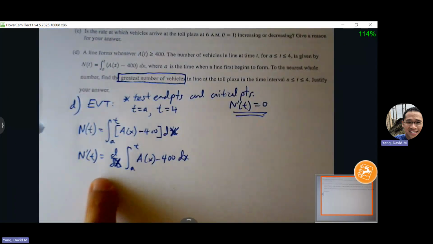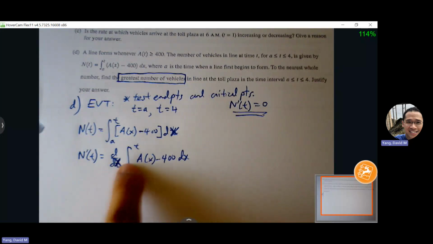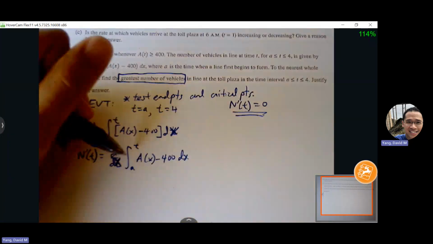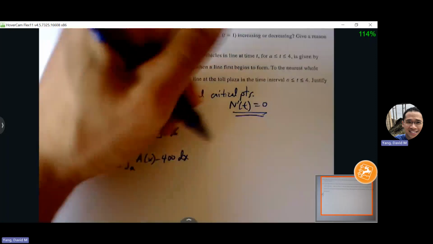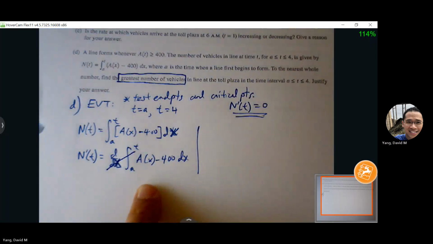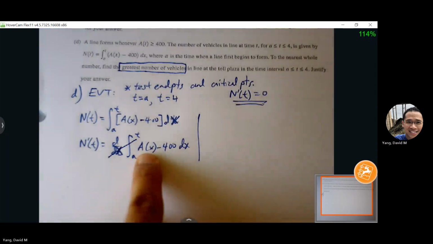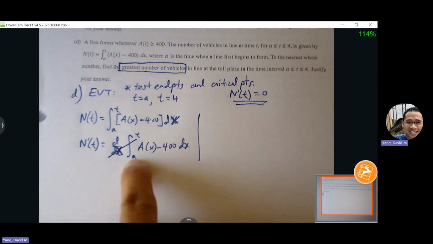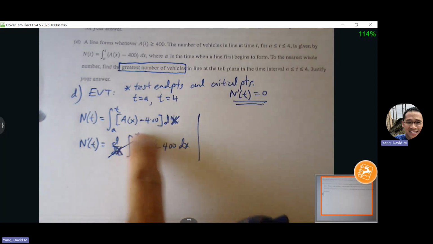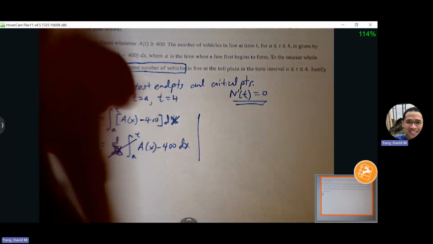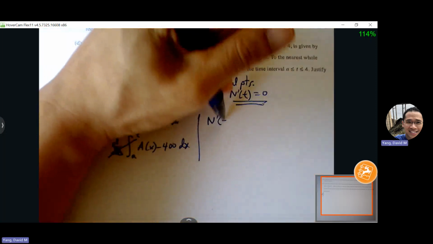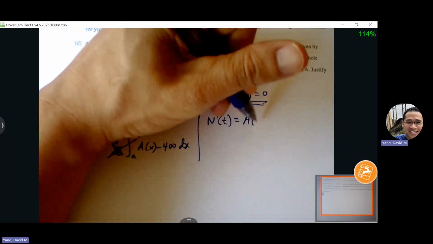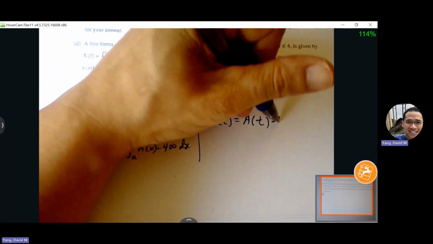Okay, so we know that if I find the derivative of a definite integral, these operations cancel each other out. What's left over, though? Just the bound, right? The A is just a number, some constant, but t is a variable, so we can insert t in for x. So n prime is just going to be A of t minus 400.